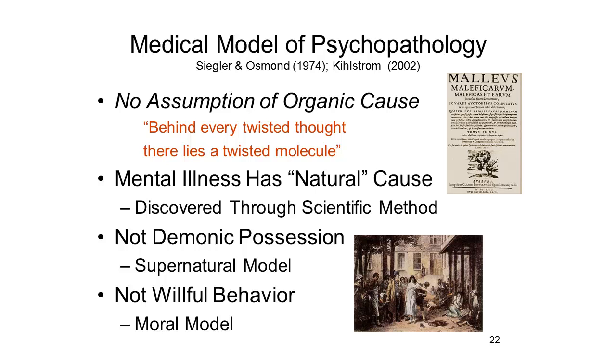That's the medical model. To take another contrast, the moral model holds that mental illnesses represent willful behavior that is under the voluntary control of the individual. This view essentially treats mental illness as if it were criminal behavior, with things like incarceration and punishment prescribed as treatments instead of therapy and rehabilitation.